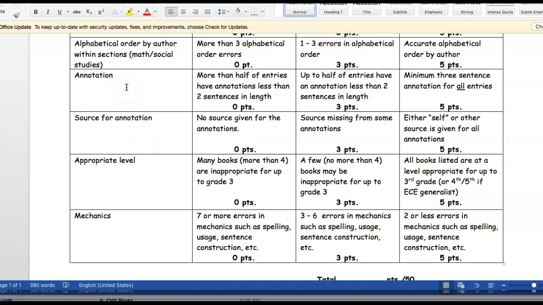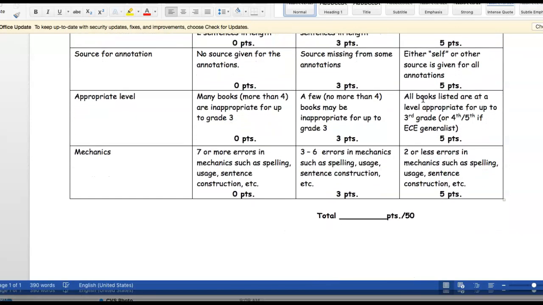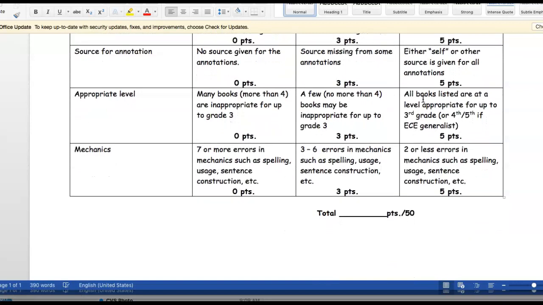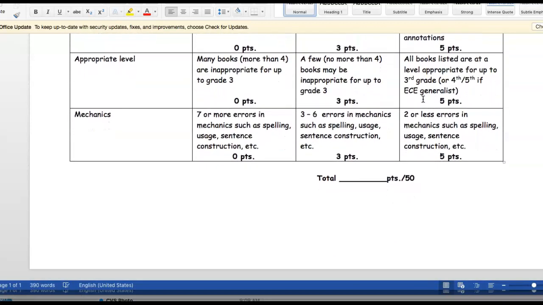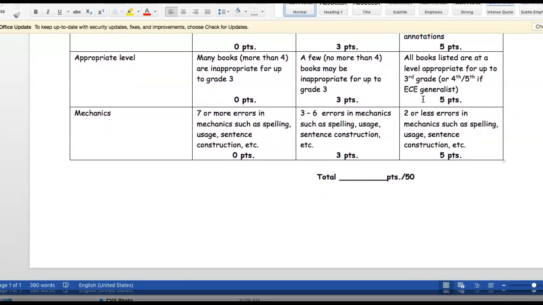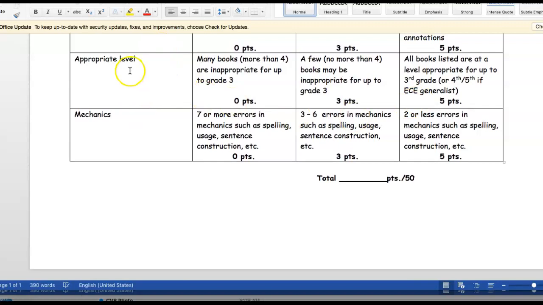Or you can have science, it's not listed here, but you can. The annotation needs to be a minimum of 3 sentences. This is the part I talked about, self or other source, and whether the books are appropriate for your certification level, and the mechanics.